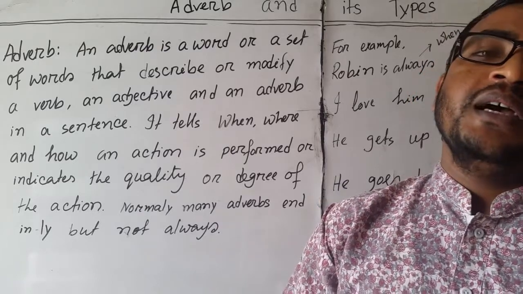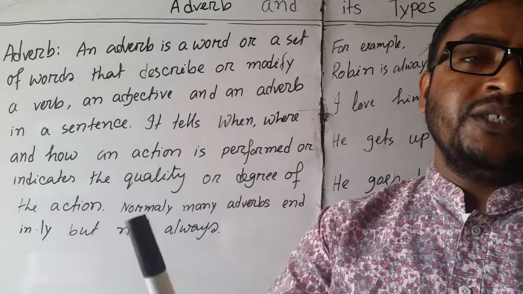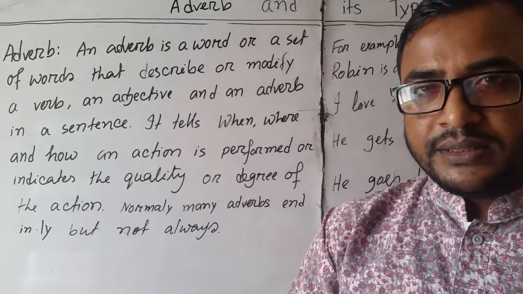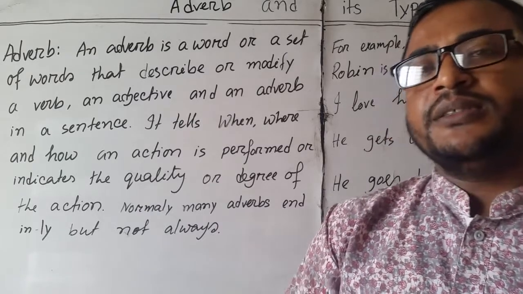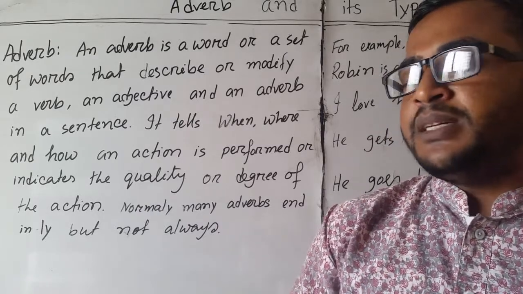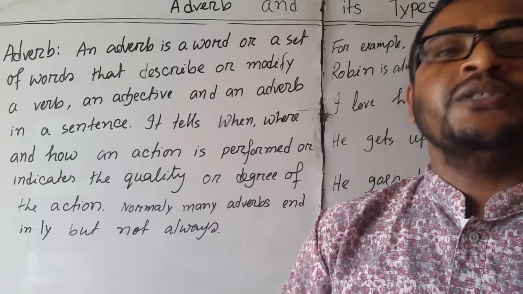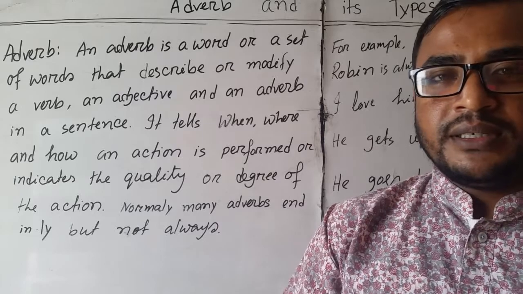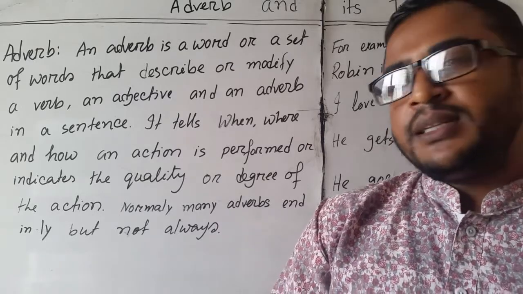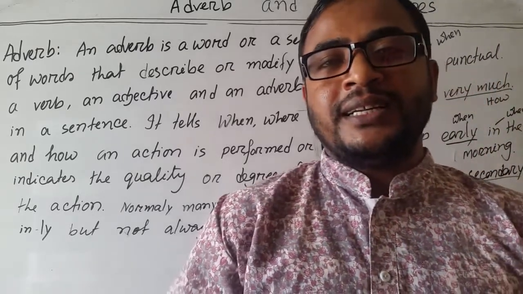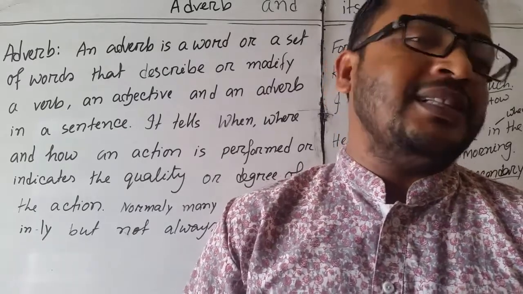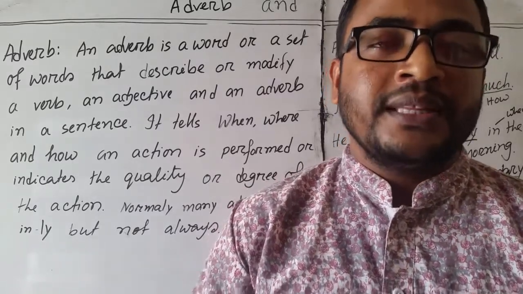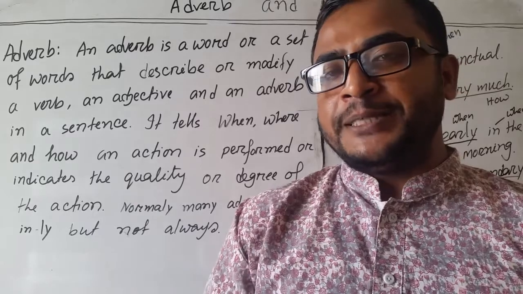Usually, an adverb ends with ly, but there are many other words that don't end in ly but are adverbs. At the same time, there are some words that end with ly but are not adverbs. They play the role of adjectives.